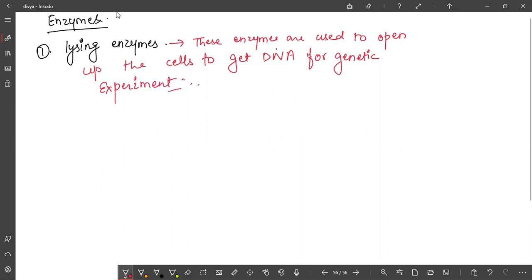And generally, there are some enzymes you have to learn. Lysozyme.